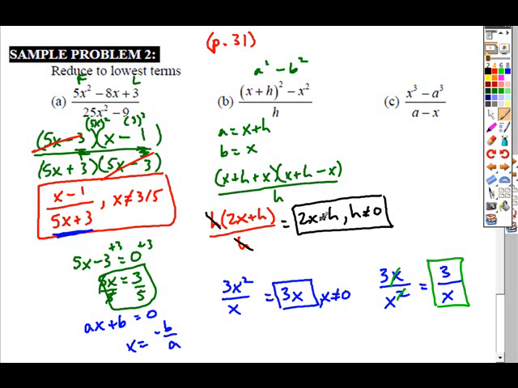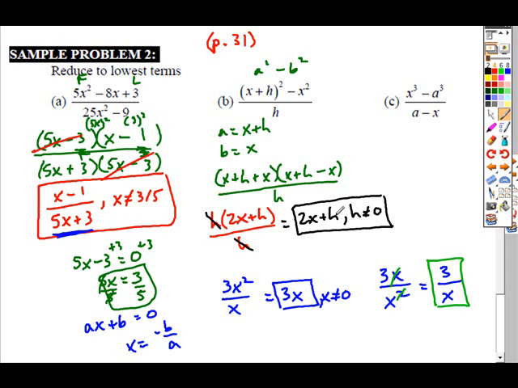Anytime you have a mix, so here x is from the end, h is from the middle. Whenever there's a mix, the early letters, so the middle and the early letters, are usually representing constants. So even though they're variables, they represent something that's usually not going to change within a problem. Whereas the x's, y's, and z's, the letters from the end of the alphabet, are usually the ones that will vary in many different cases.